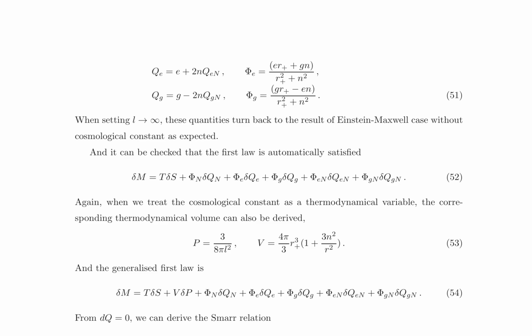The Smarr relation, M equals 2 T S minus 2 P V plus phi_e Q_e plus phi_g Q_g, is also derived from dQ equals 0.